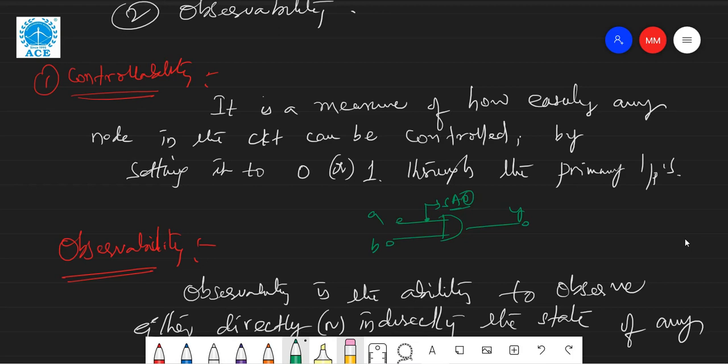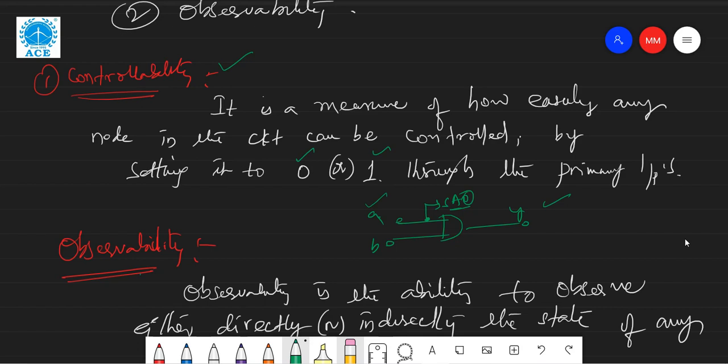In this case controllability will control the input and output by resetting to 0 or 1. We have so many testing methods, and we will go through how to do that. So this is controllability.